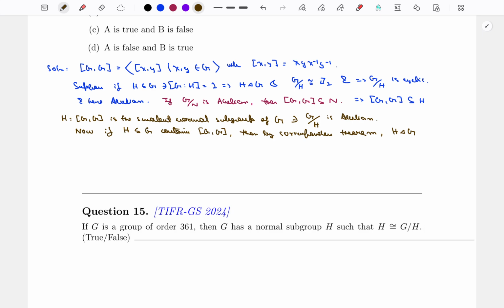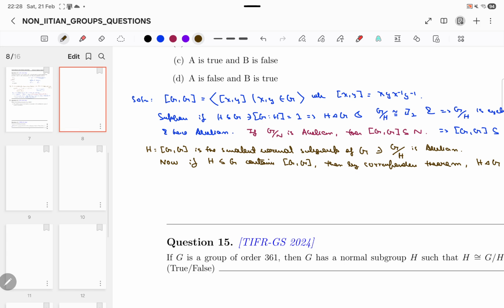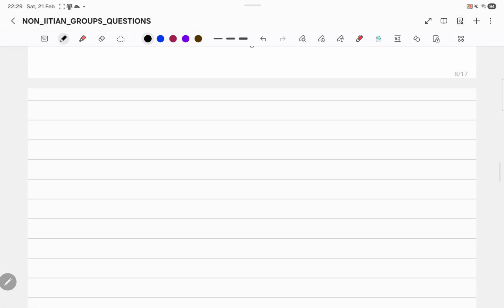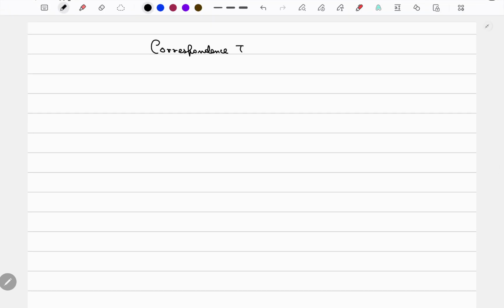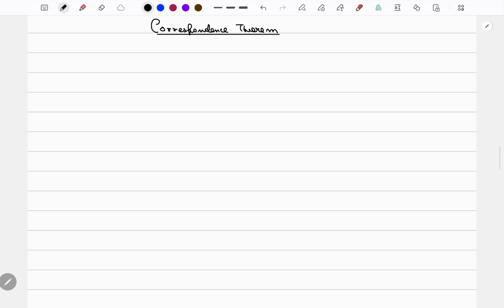Okay, so let us discuss a bit of the correspondence theorem. Let me just go to a new page at this point. So we are going to talk about the correspondence theorem. Probably I just forgot to tell about this, but the thing is actually very easy, not that difficult.